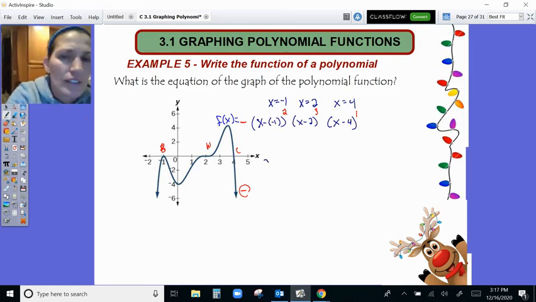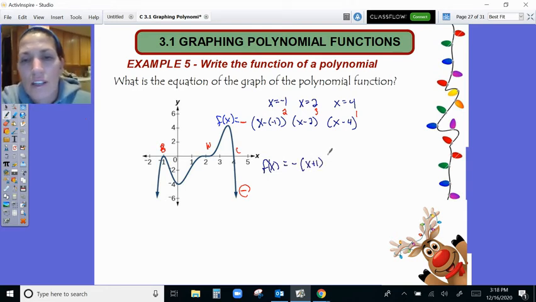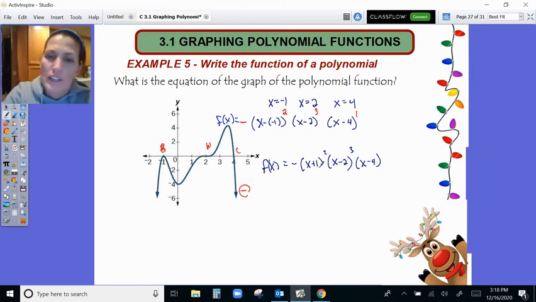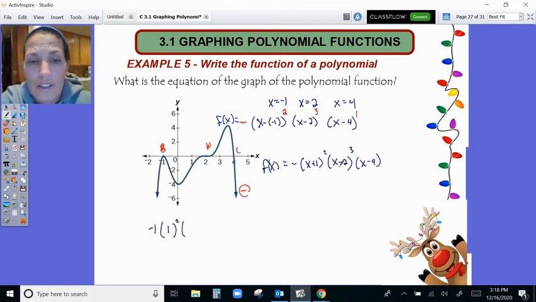First of all, let's just go ahead and write this out. So we have f of x equals a negative x plus 1 squared times x minus 2 cubed times x minus 4. If I plug in 0 for all these x's, what I will end up with is a -1 times, if 0 plus 1 would be 1 squared, right? 0 minus 2 would be -2 cubed.